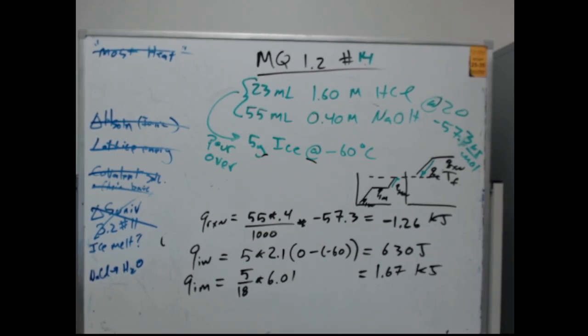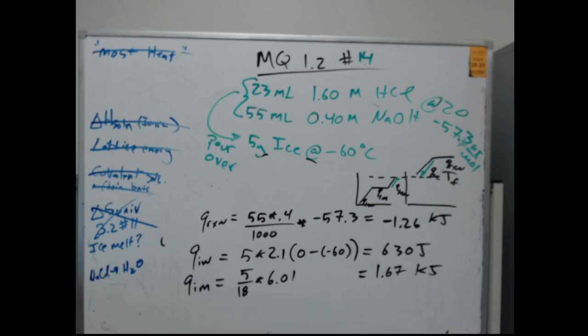So if I looked at it with just these 3 bits, I would say, oh, look, I don't have enough energy from my exothermic reaction to warm up the ice and melt it all.